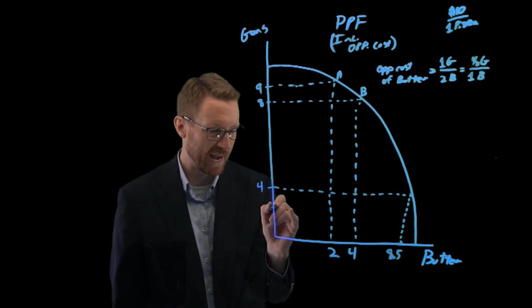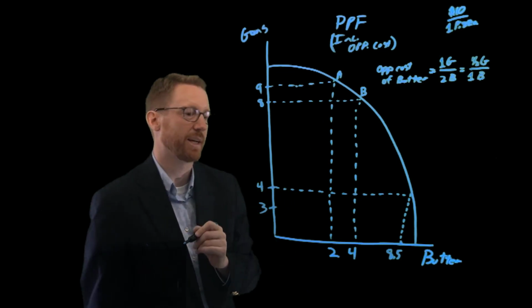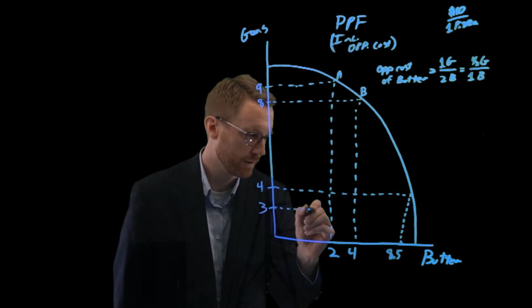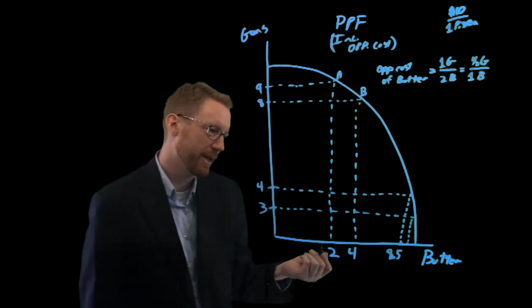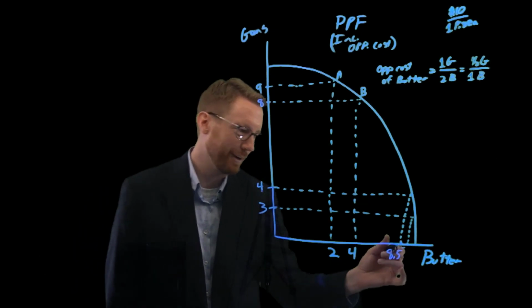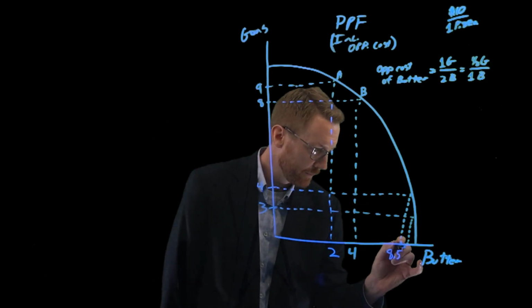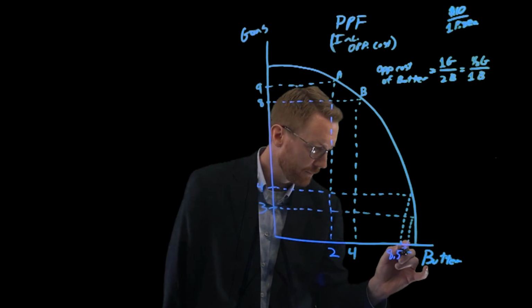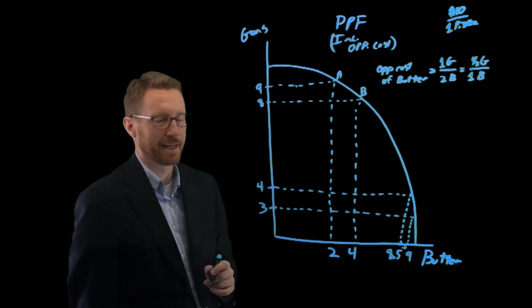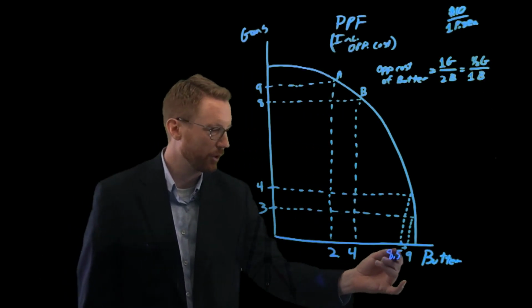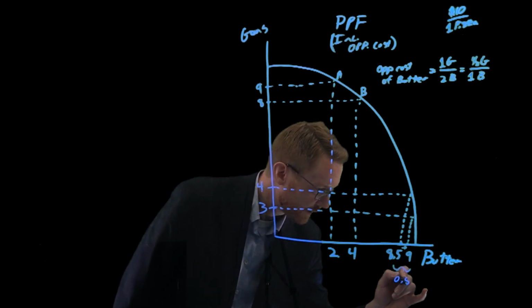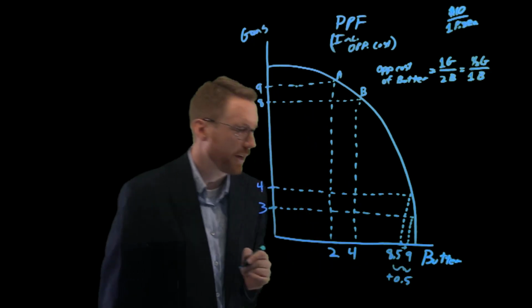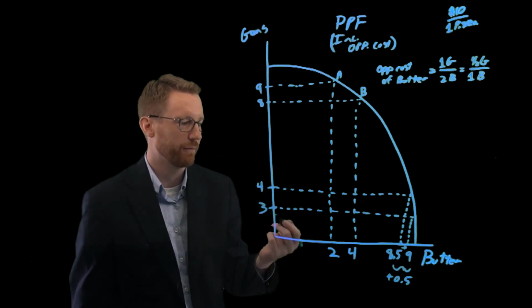What if we cut it back to only making, say, 3 guns? Yeah, we get some more butters, but it's not very many more. We do get some more, but maybe it's like 9. So that means we're only getting a half a butter in return for giving up a gun.